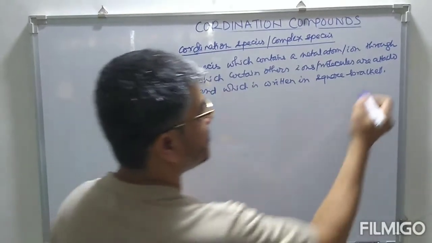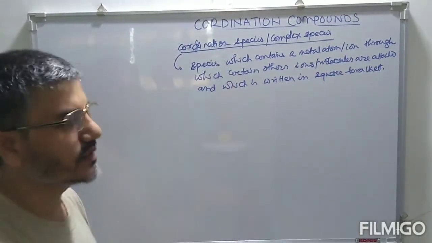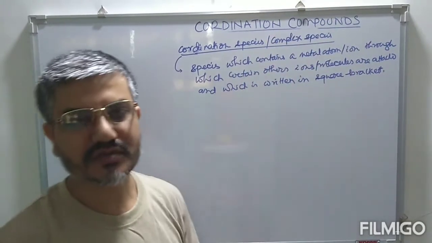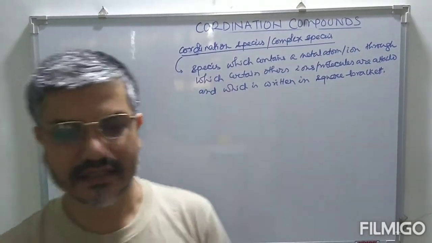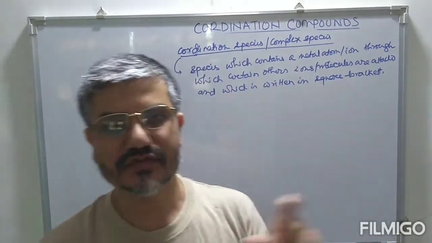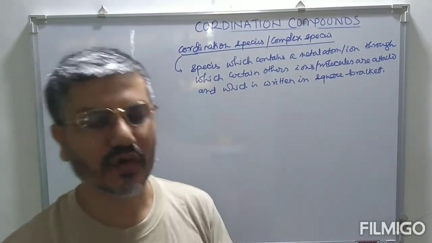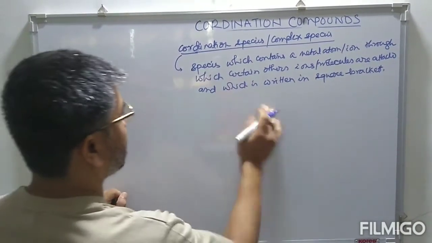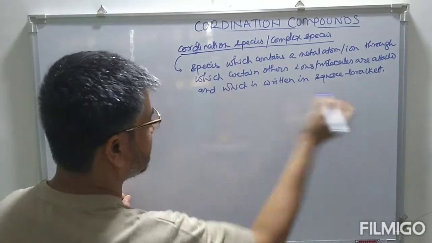So any species which is written in square bracket is known as coordination species, and coordination species must contain a central metal atom or ion and some other species which is attached to the central metal atom or ion. That is what we call as coordination species. So we have looked at this. We'll just give you an example.